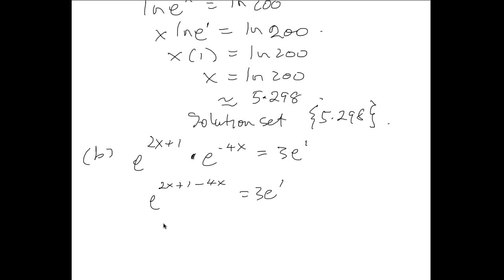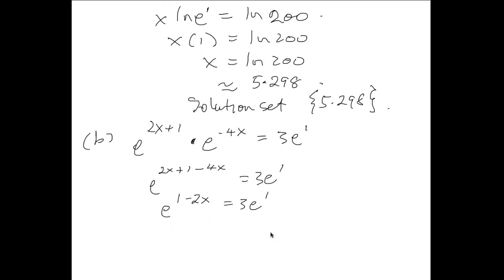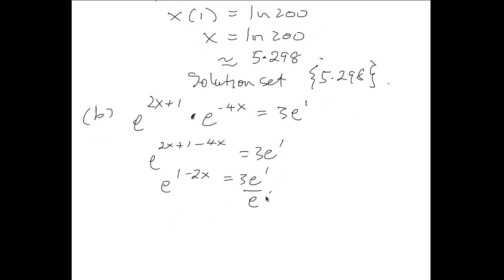So what we have here then is e to the 1 minus 2x equals 3e to the 1. Now the next thing that we'd like to do, of course, is divide both sides by e to the 1. So really what this is saying is that I have e to the 1 minus 2x minus 1, because we subtract the exponents here, is equal to 3. So what I really have is e to the negative 2x equals 3.